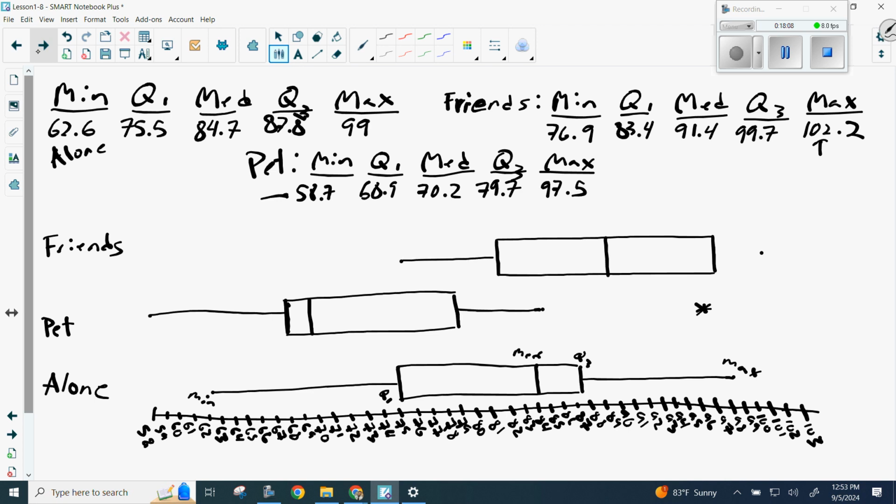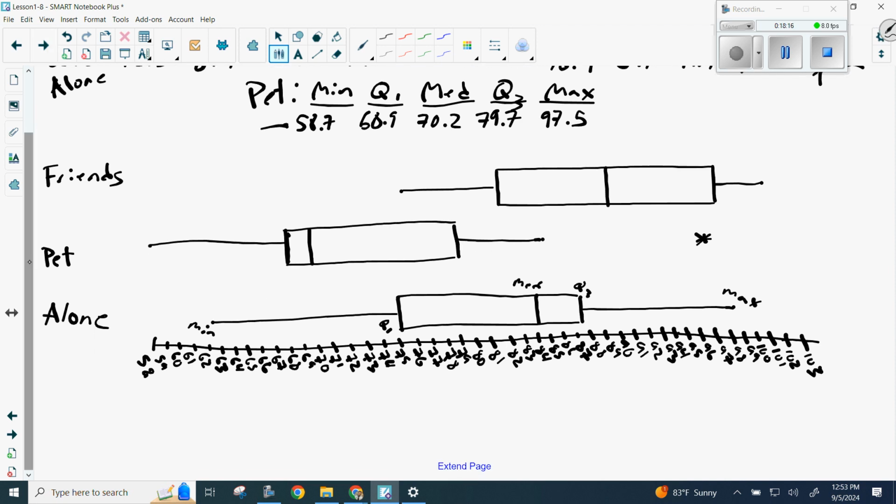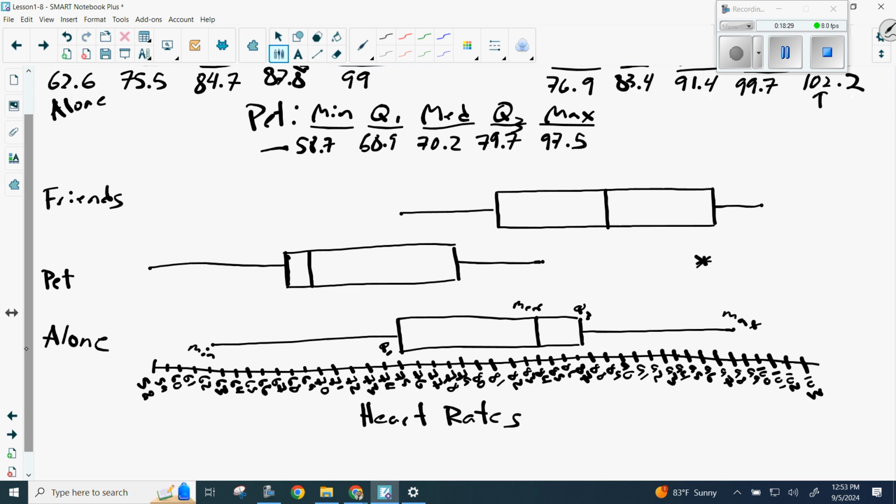And we're almost done. We cannot forget to give this axis some sort of meaning, right? These are heart rates, aren't they? And then let's look at the data. What does this mean? Right, they did this study to see if doing a stressful task with friends, pets, or alone was more or less stressful by measuring heart rate.